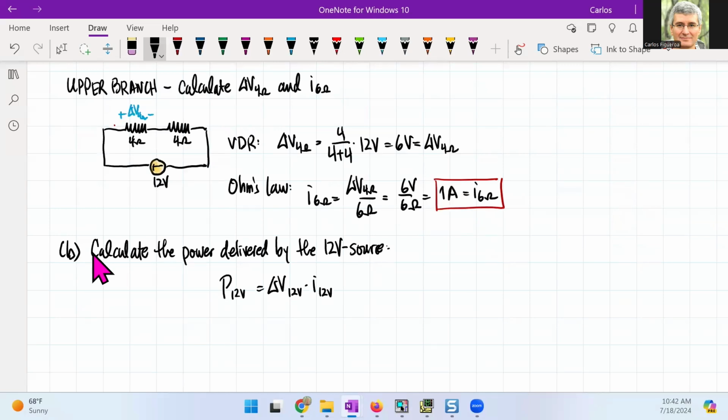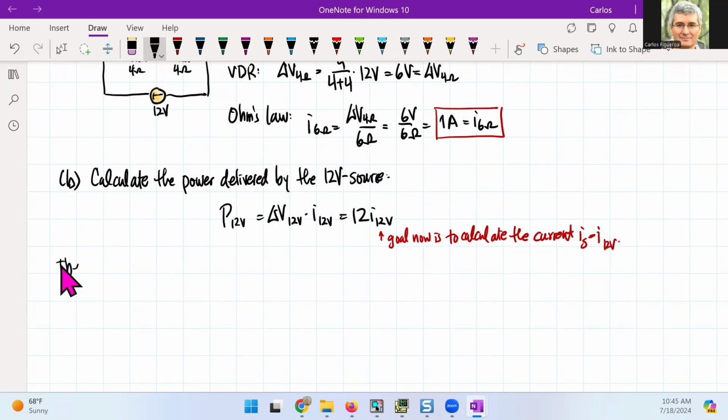That is the definition. Now note that for resistors and capacitors, we could modify that, but we know what the voltage is. So what this is telling us here is that the goal now is to calculate the current of the source, which is I of 12 volts.